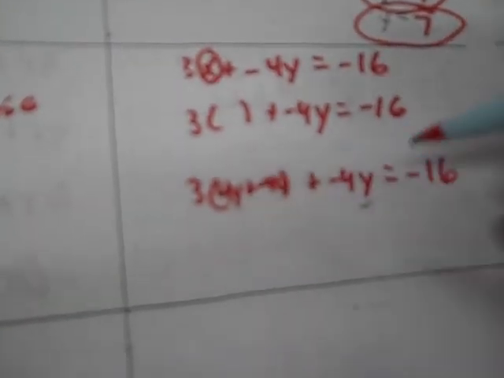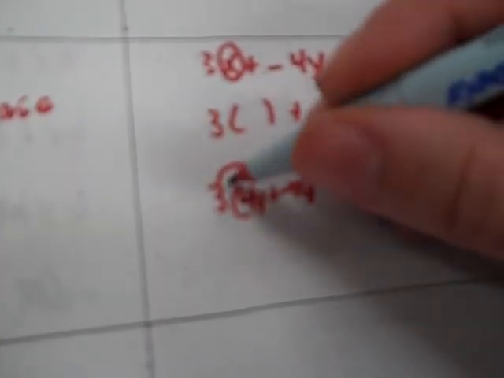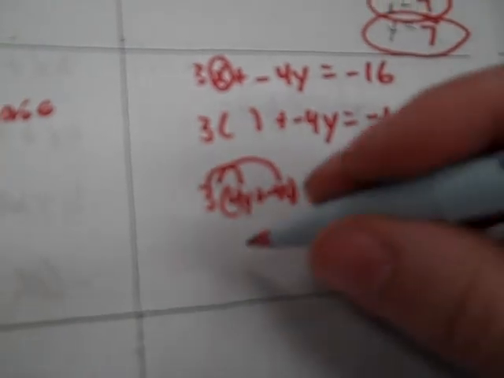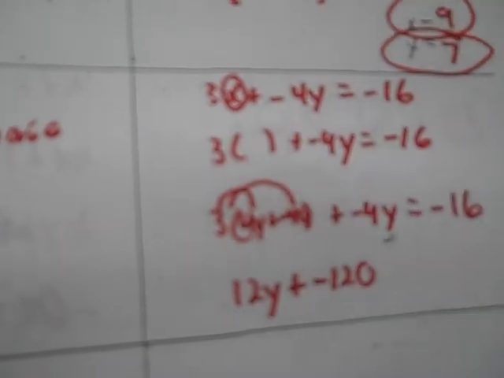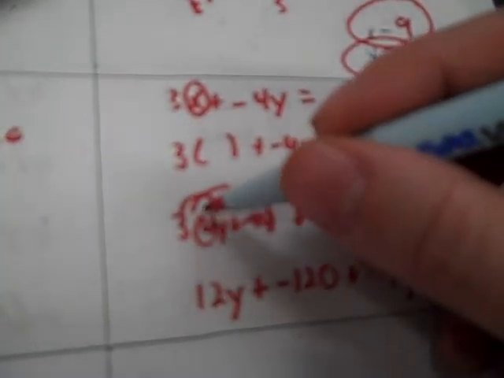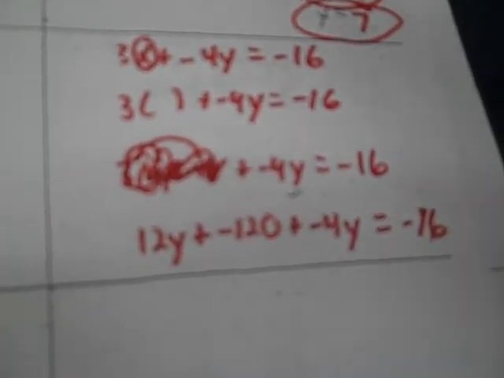Okay, so I have 2 y's, so I'll be solving down here first. 3 times 4y and 3 times negative 40, so that's 12y. 3 times negative 40 is negative 120 plus negative 4y equals negative 16. Okay, because after you multiply that out, get rid of it, and then we have to add a negative 4y.